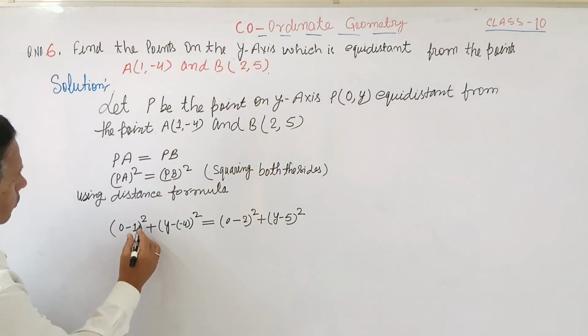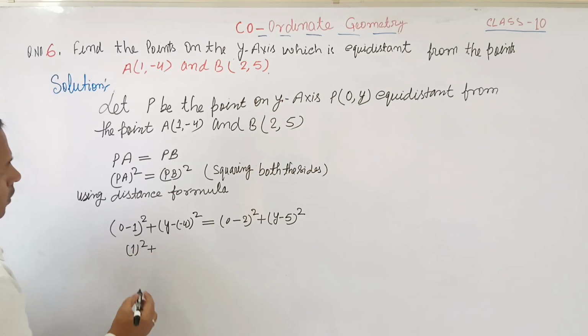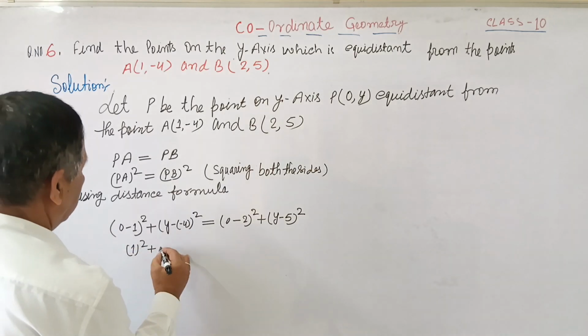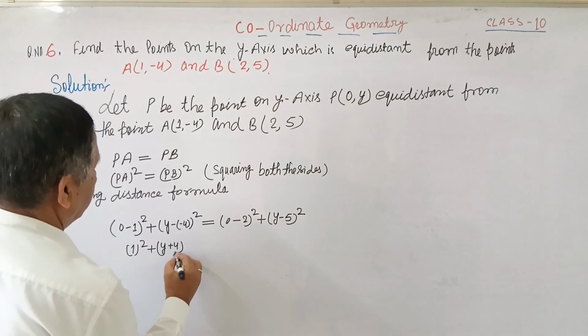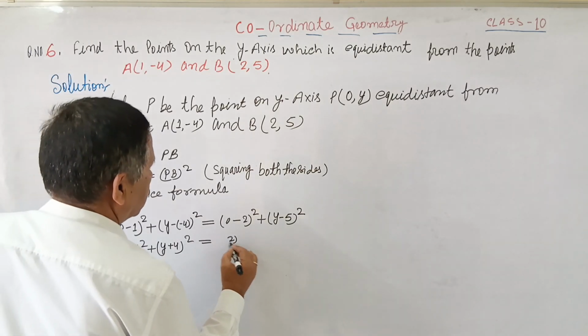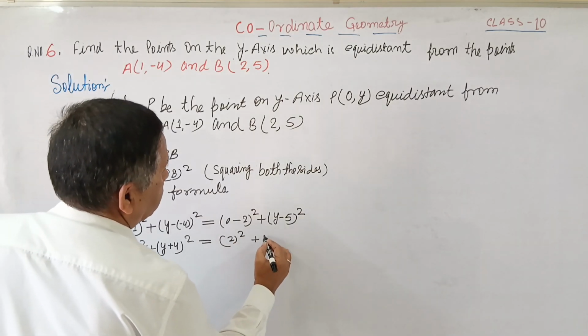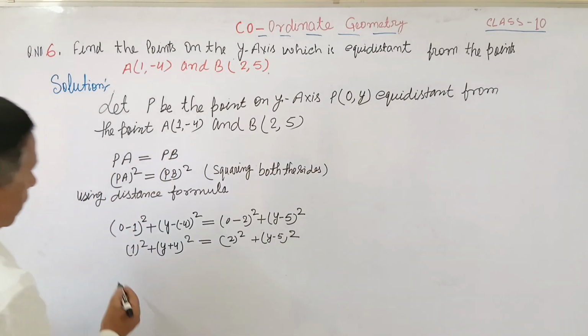So here we will get 1 square plus y plus 4 whole square equals to 2 square plus y minus 5 whole square.